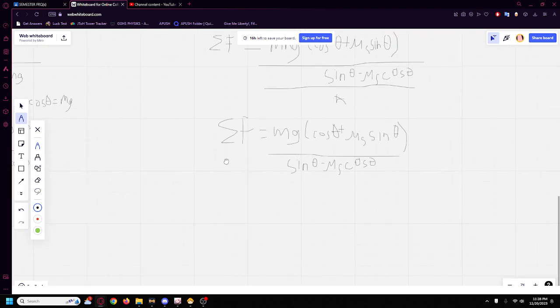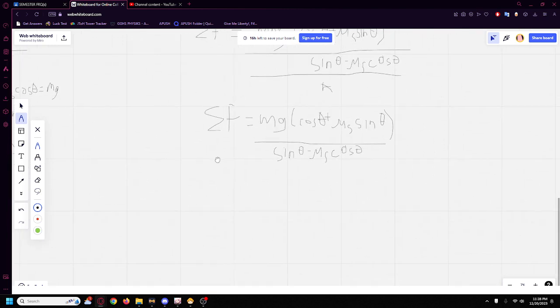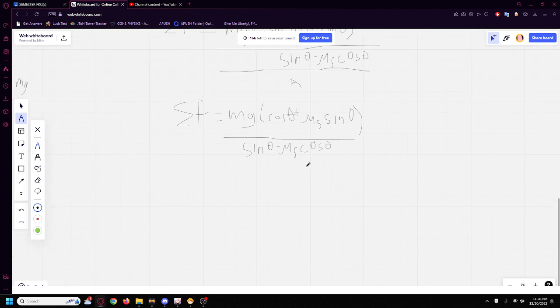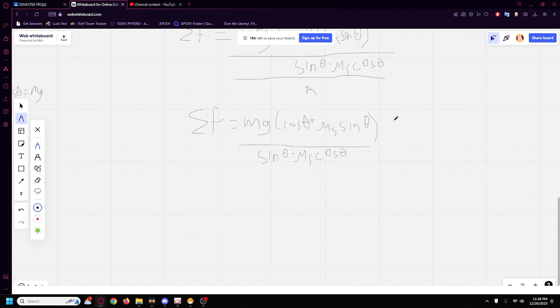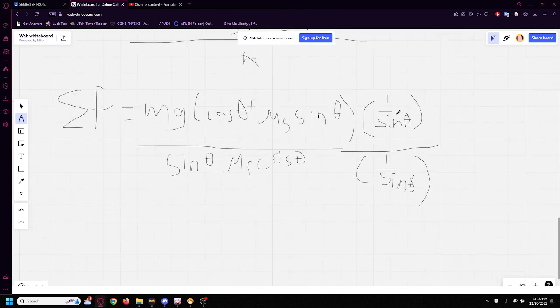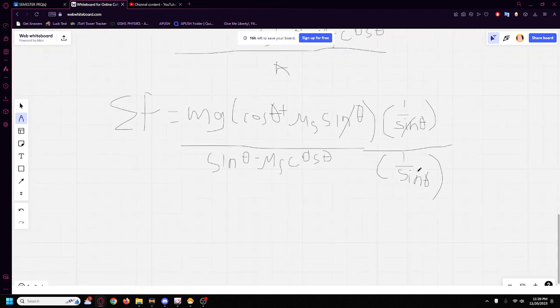So now that we have that, we can multiply everything by 1 over sine. We can multiply both sides by 1 over sine. So this being multiplied to this, it makes the sine cancel out, and it makes this cosine over sine, and it cancels out this sine.